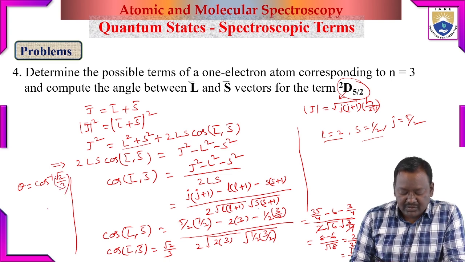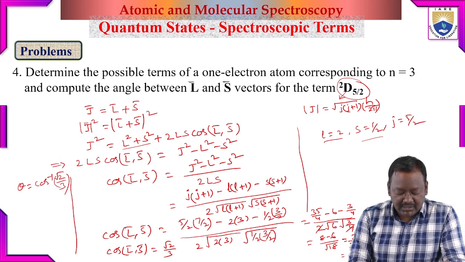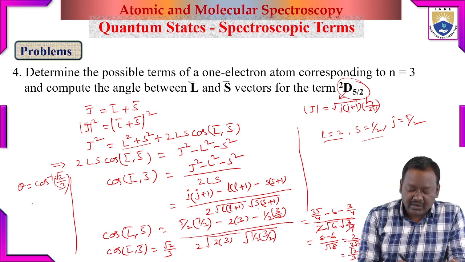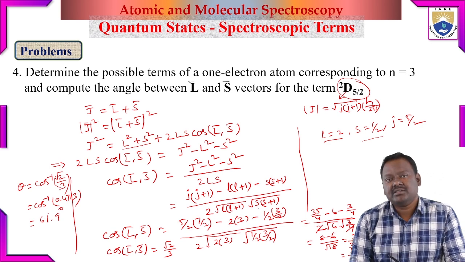The value of square root of 2 by 3 is 0.4713, so the angle is obtained as 61.9 degrees.